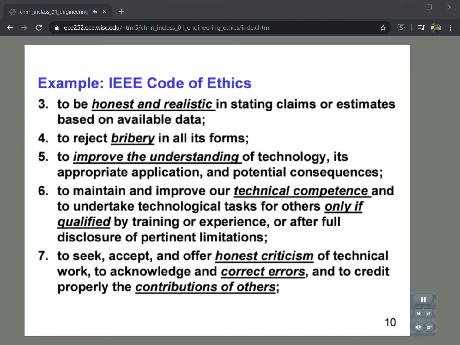Fifth, we should seek to improve the understanding of technology and its appropriate application and potential consequences. So this is sort of a civic clause here that says it's part of our civic responsibility to help others in society who may not have the technical background or the understanding of a particular technology that we have. We're responsible. We're on the hook to help people understand.